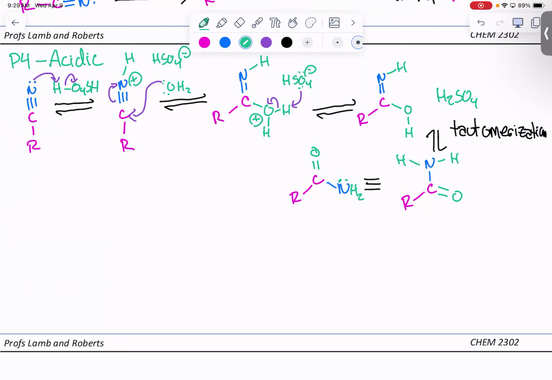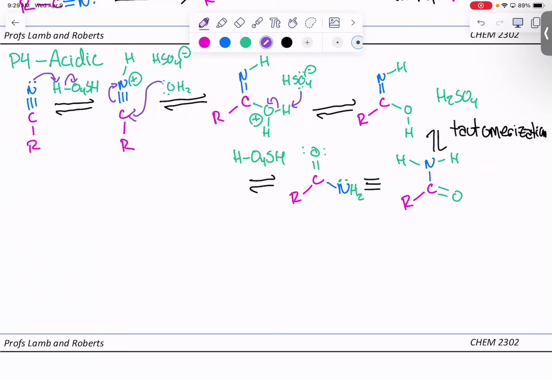So this is going to be easier for us to see what's going on in this reaction. Okay, so we have acid here. We need another equivalent of water to be able to come in for this mechanism and ultimately displace that nitrogen. So let's go ahead and make our carbon a little bit more electrophilic. We're going to make it more electrophilic by having our protonation step happen.